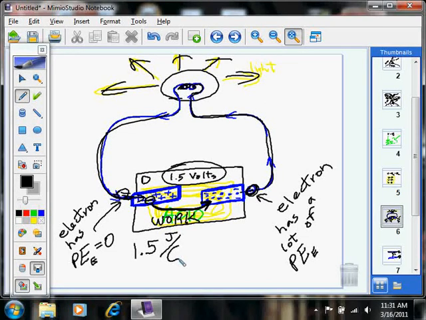Now, of course, the electron is not a coulomb of charge. The electron is much, much smaller than a whole coulomb. But nonetheless, this is an indication of how much work it would take to move that electron back.